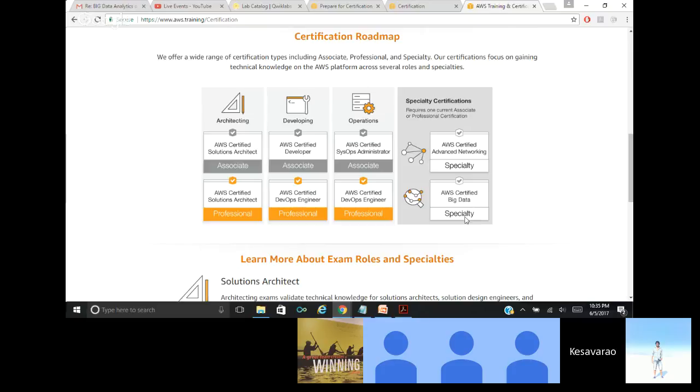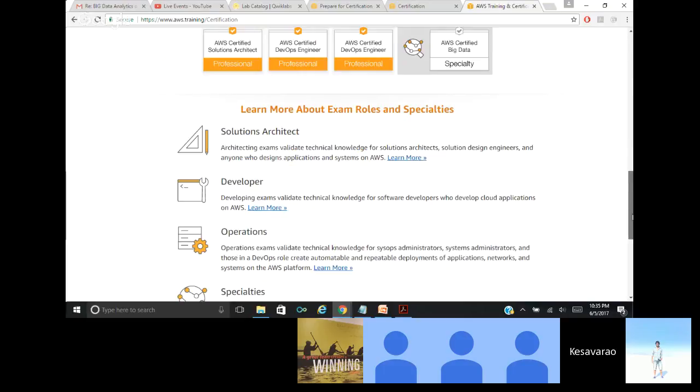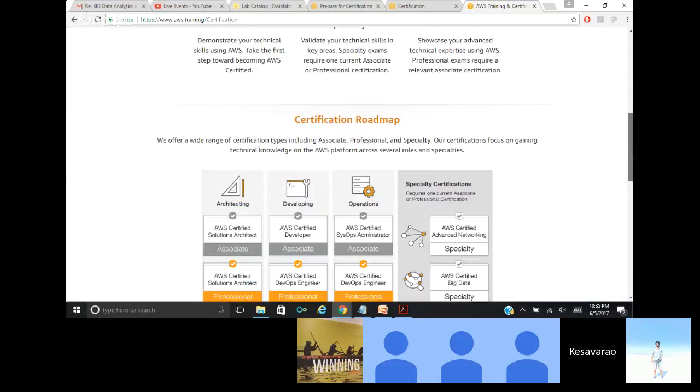And because we are targeting a specialty of AWS Certified Big Data, I would suggest to finish the AWS Certified Solution Architect, of course, with the associate and professional. Associate is mandatory, professional is optional when you're doing specialty. So these are the various roles and paths that you have to go through. This is the roadmap.